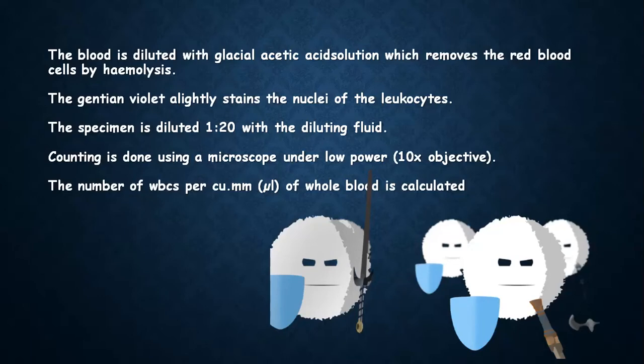The gentian violet lightly stains the nuclei of the leukocytes. The specimen is diluted 1:20 with the diluting fluid. Counting is done using a microscope under the low power objective or the 10x objective. The number of WBCs per cubic millimeter of whole blood is calculated.